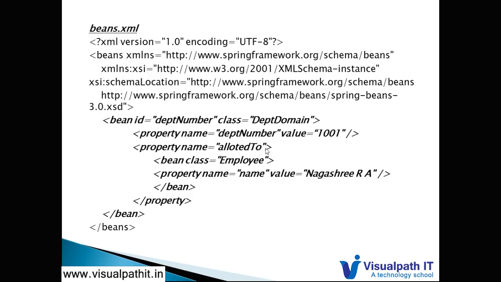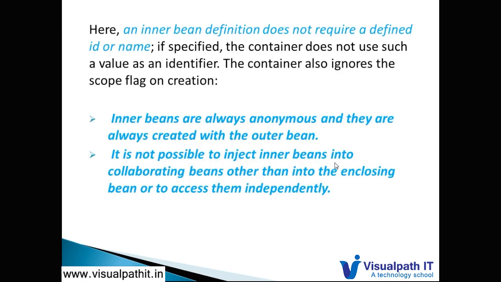Property name is department number, and allocated to is again an inner bean which has the employee value and the employee name, and the department number is whatever is defined. So how we can understand this is, it does not require a defined id or a name. If specified, the container does not use such a value as an identifier. It just ignores the scope flag on creation.